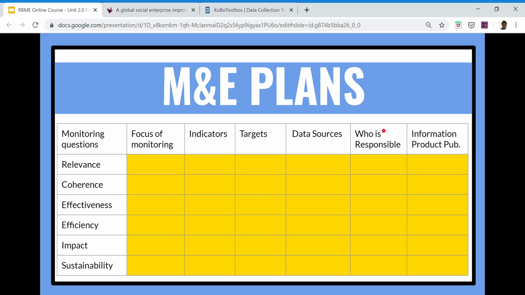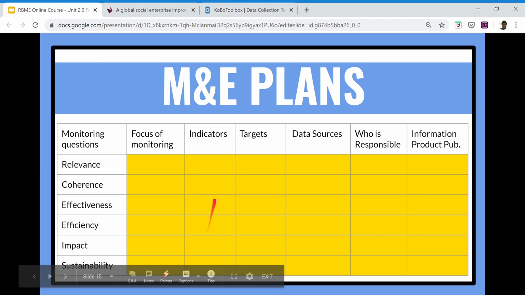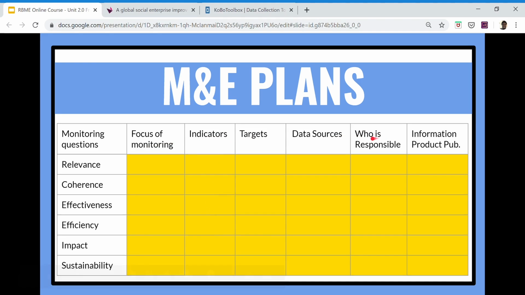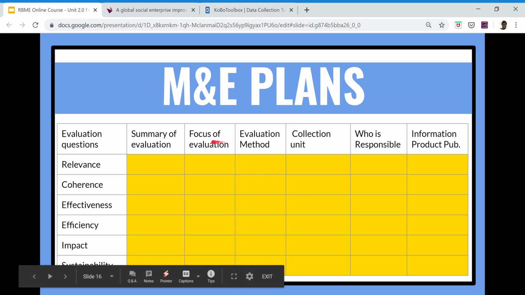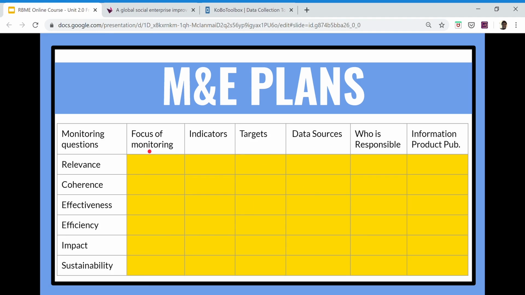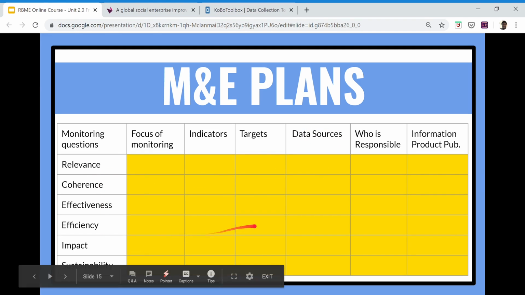And you can think about, these are all what you've done: indicators, the focus of your monitoring, who is responsible, data sources, and when you come to evaluation, you think about evaluation method, focus of evaluation. So think about all that. This is actually the method you would use in collecting data that are related to monitoring, routine monitoring.